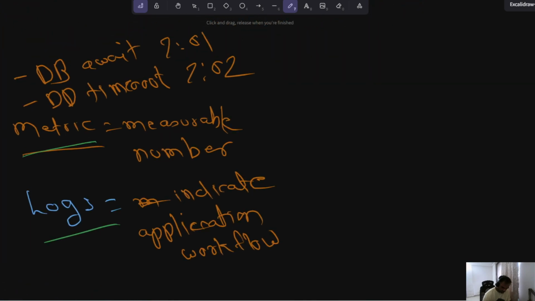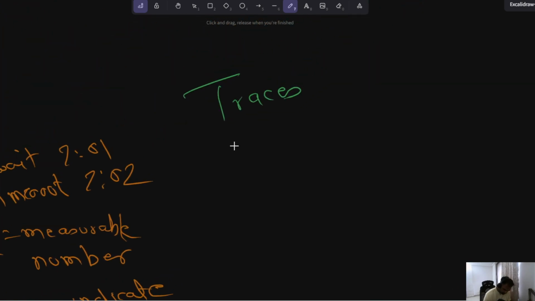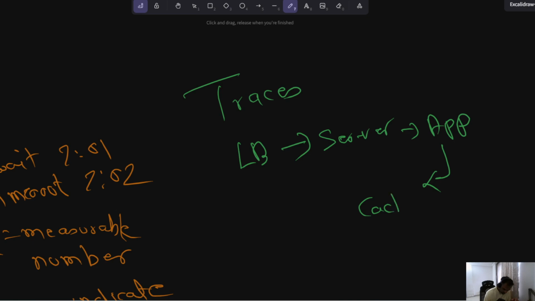So the request flow path has 4 flows in that entire request: LB to server, within that server to the app, from the app to the cache, and from the cache to the database. So this is your entire flow.